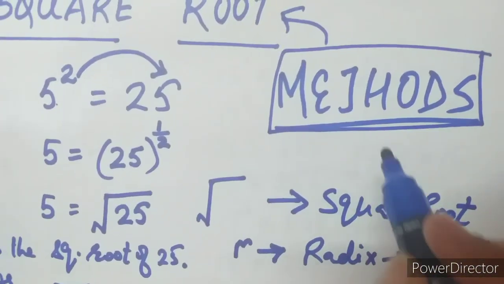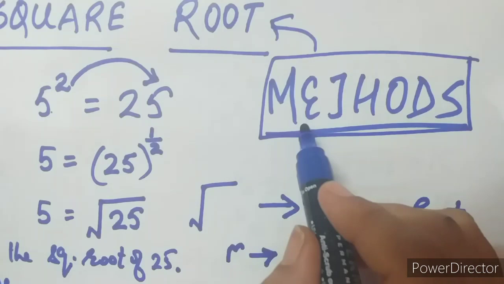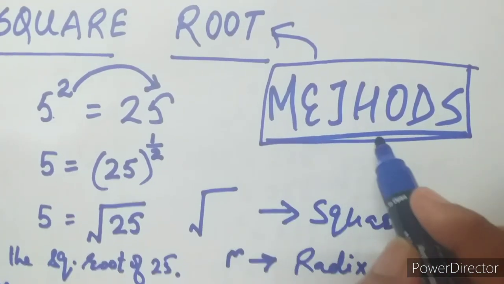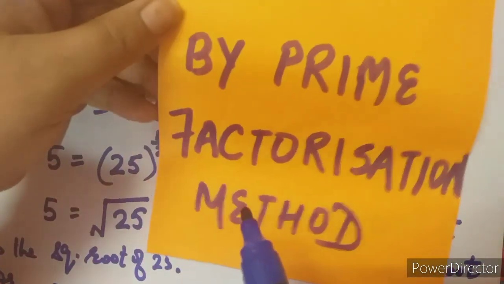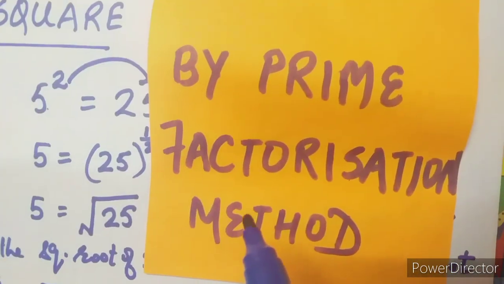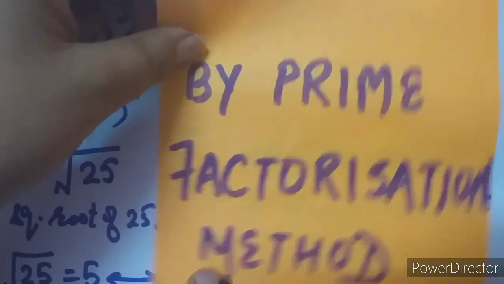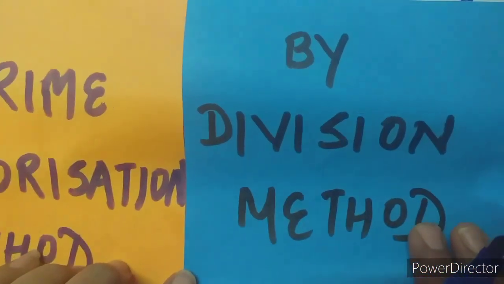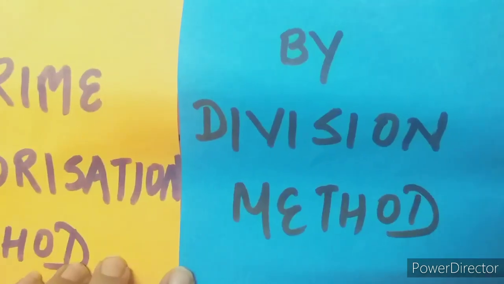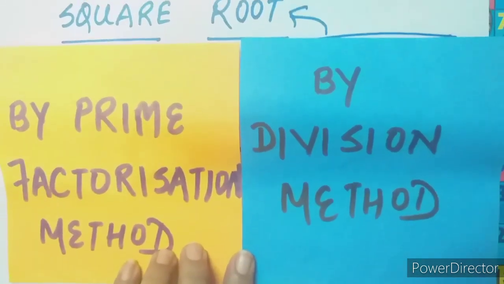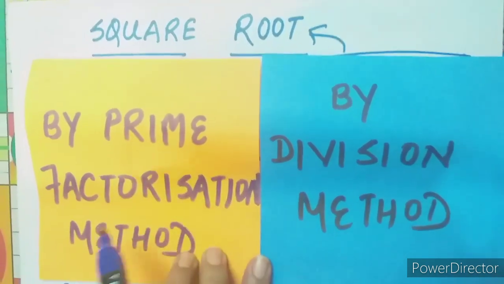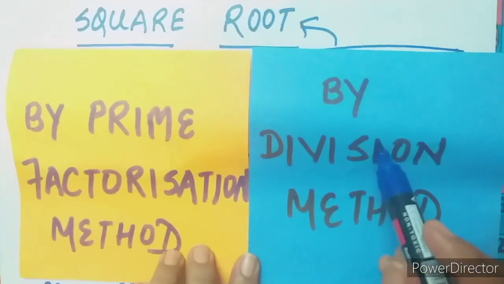The two methods by which the square root of a number can be found are, first, the prime factorization method, and second, the division method. So here we got the two methods of finding the square root.